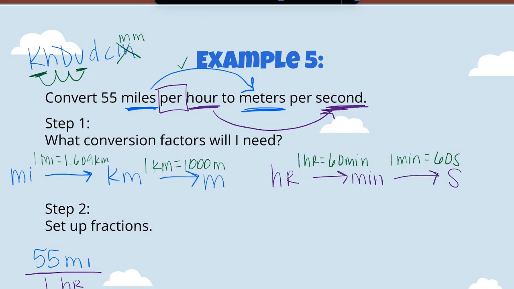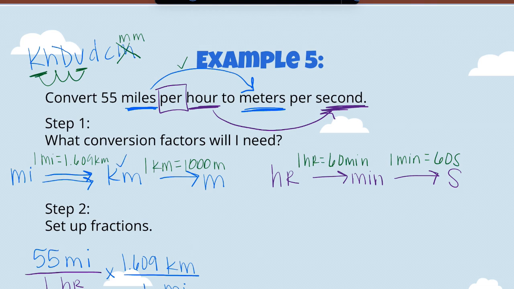So 55 miles per hour is 55 miles over 1 hour. So let's convert our miles first. So my plan, right, was to go from miles to kilometers. So because my miles are on the top, I'm going to put miles on the bottom and convert to kilometers. And that conversion is that 1.609 kilometers is 1 mile.